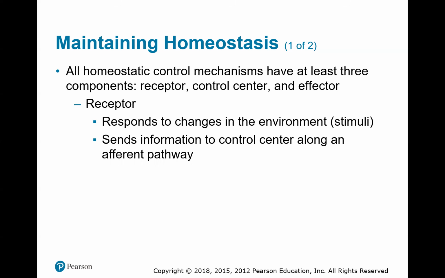So the three components are the receptor, the control center, and the effector. As I said before, the receptor actually picks up the change. So there's a stimulus, it senses that there's a change, whether it's a change in temperature, a change in pain, a change in electrolyte concentration, and it sends that information to the control center.